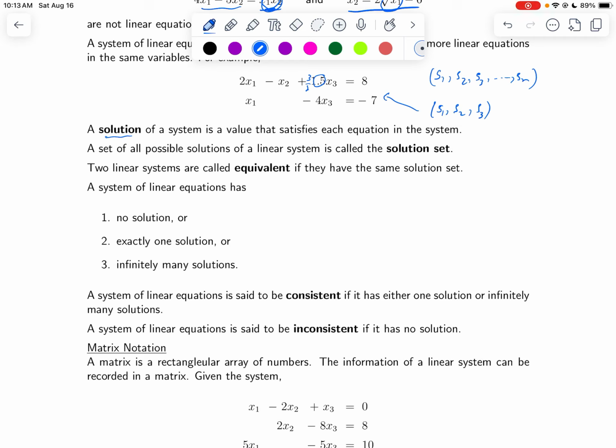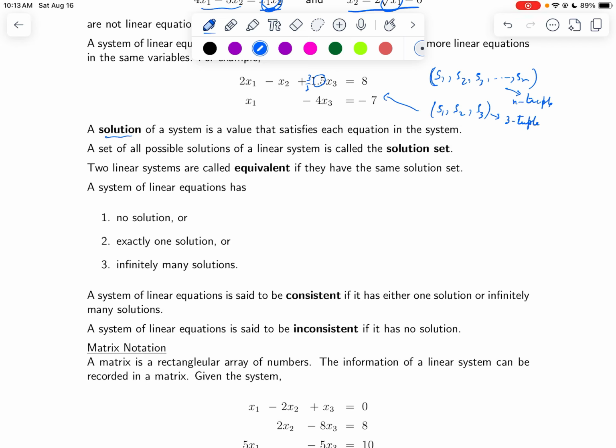These are the values of the variables x1, x2, x3 that we will get once we solve the system. We put them in parentheses like this, and this is called a tuple. So this is an n-tuple, and this is a 3-tuple.